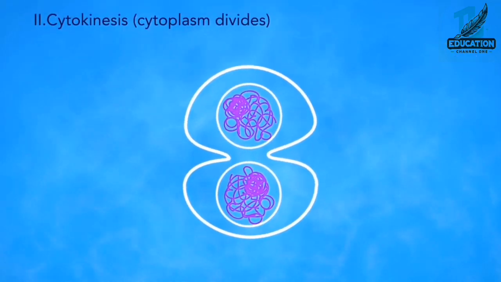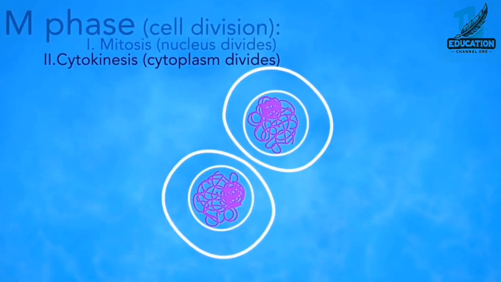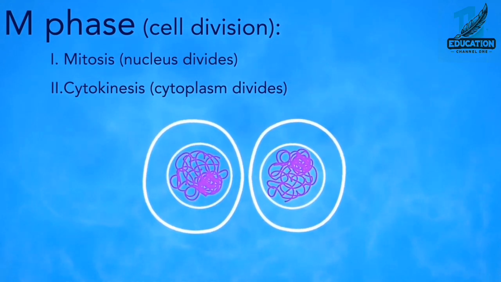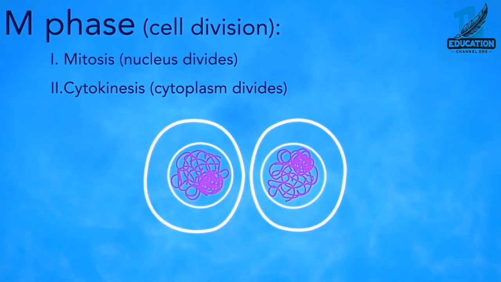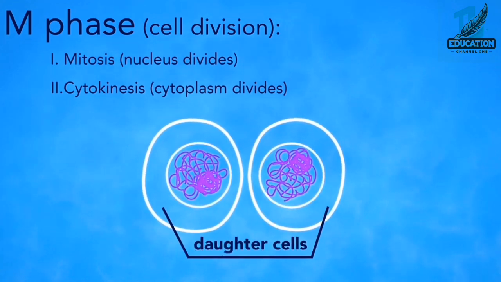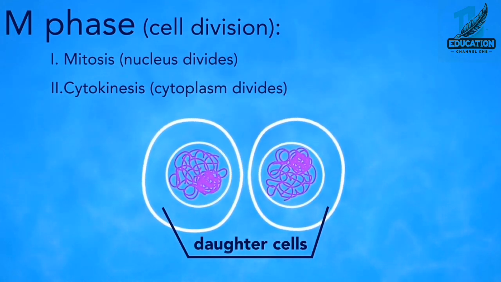Cytokinesis is division of the cytoplasm. The M phase is complete after cytokinesis occurs. The M phase of the cell cycle always results in 2 daughter cells. Both of these daughter cells are identical to each other and identical to the original cell that underwent mitosis.